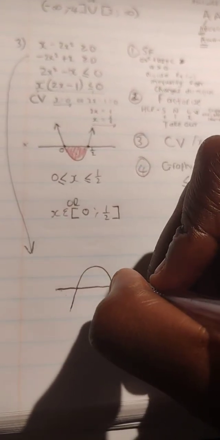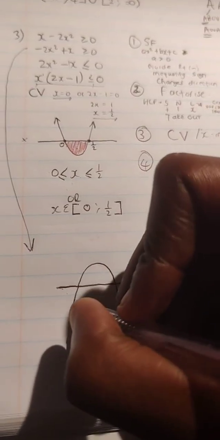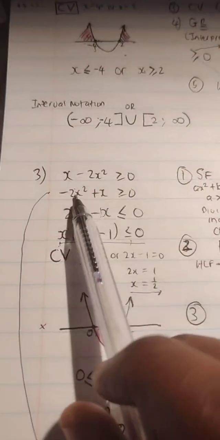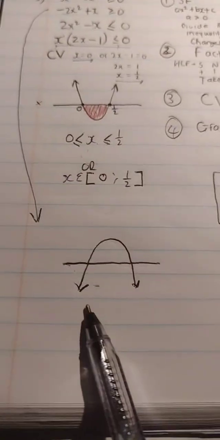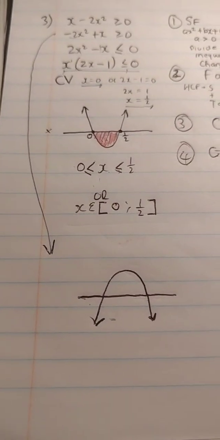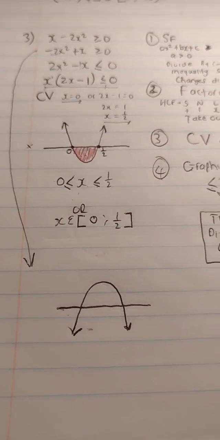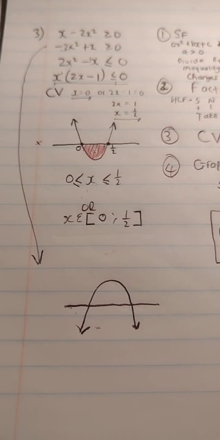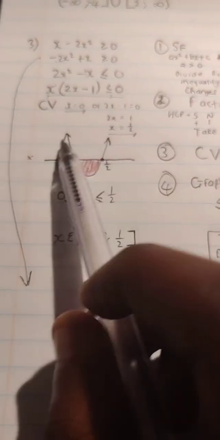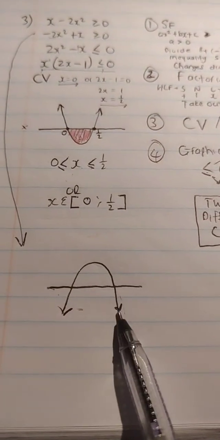So sometimes in some memos you'll find that they will draw a graph, but it will not be concave up, it will be concave down. Do you know why? For this specific question, it is possible for them to draw a concave down graph. Do you know why? I'm going to explain why, because I need you to understand why sometimes you'll see the memo, they will give you this option, but then they'll give you this option as well.